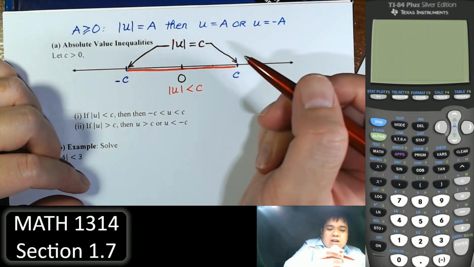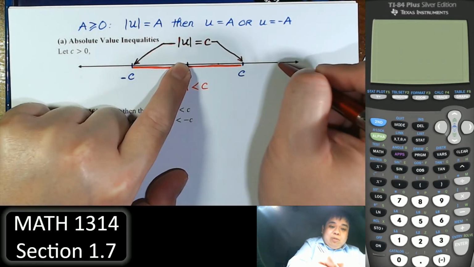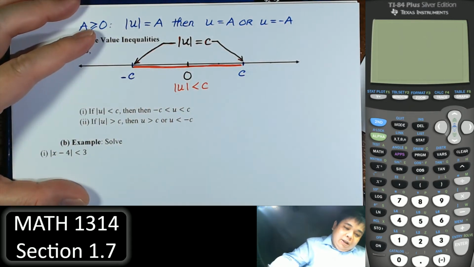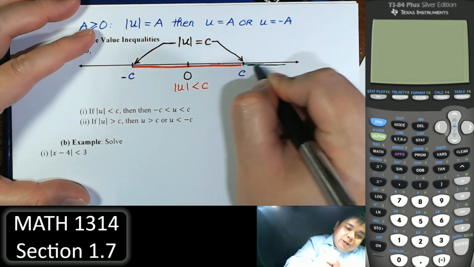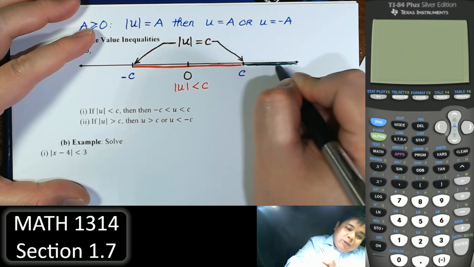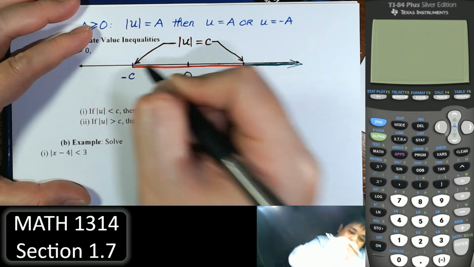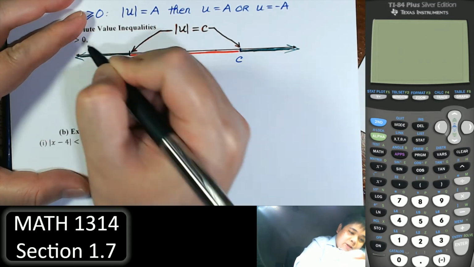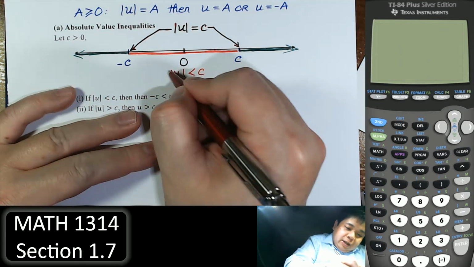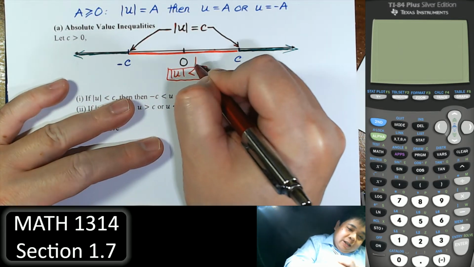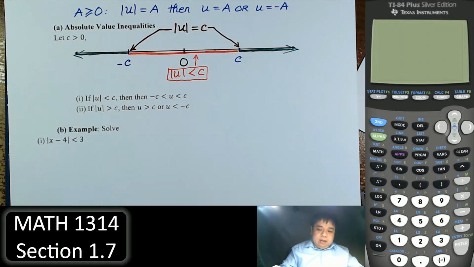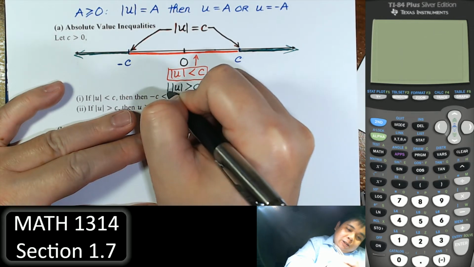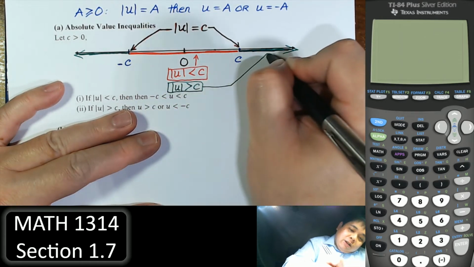Now, if the distance to 0 is greater than c, meaning it has to be further away from 0 than c, it could be over here or over there. So when it's greater than, it will be on this side or on this side. So when we have less than, it is in between, and when it's greater than, it is on the outside.